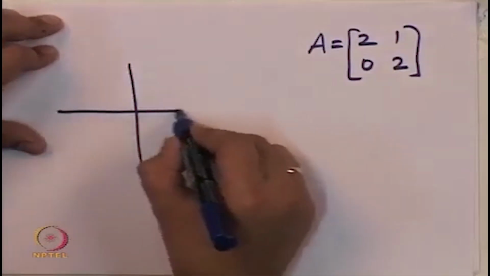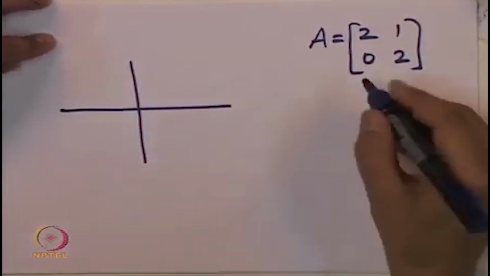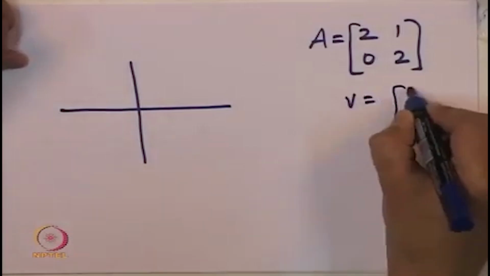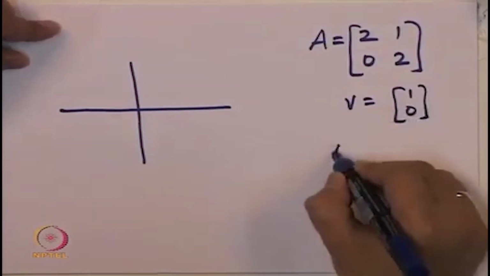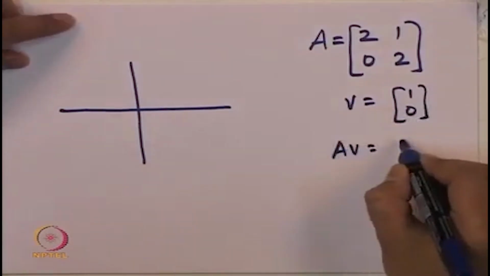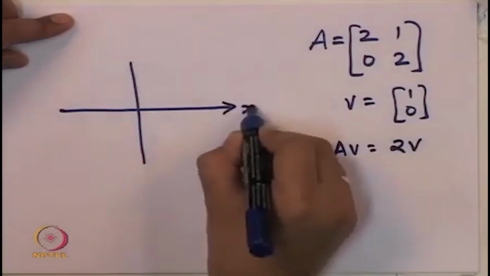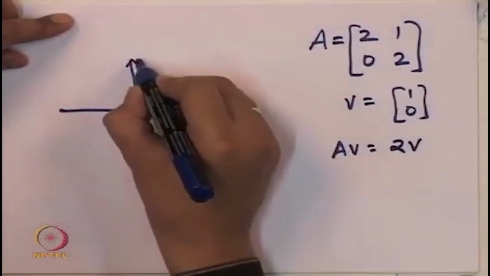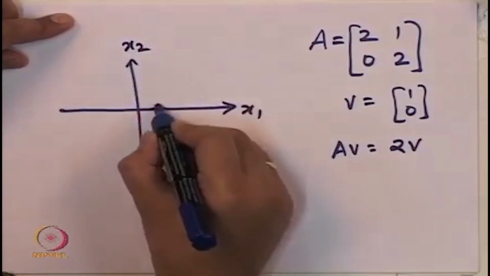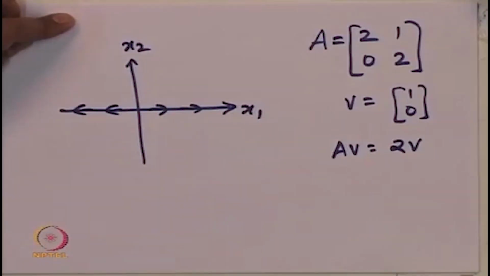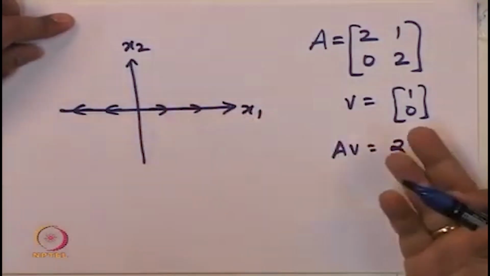We see that on the x1 axis, if we take the vector v equal to 1, 0, Av is nothing but 2 times v. So, the x1 axis is the invariant direction and all arrows are directed away from the origin, but there is no other invariant direction.